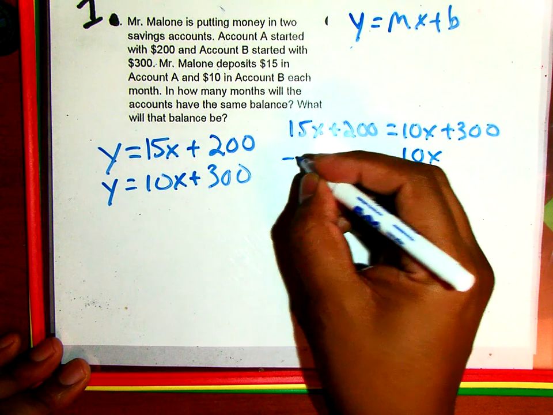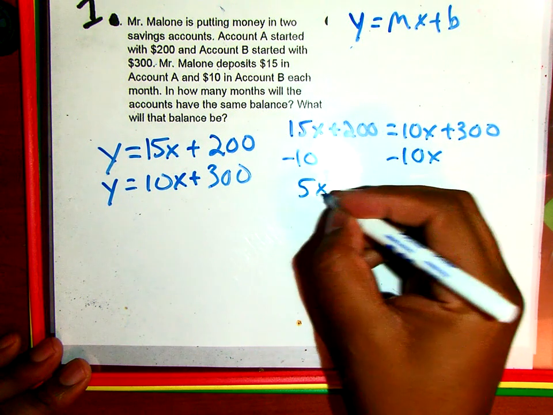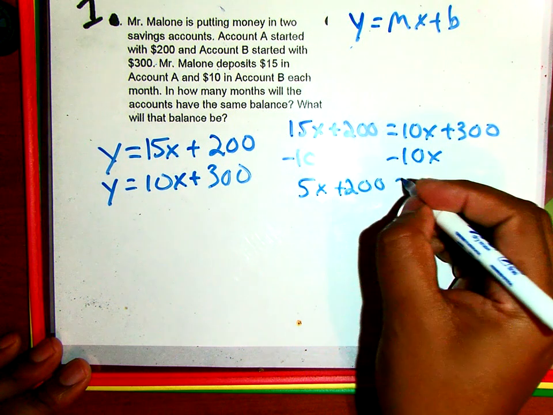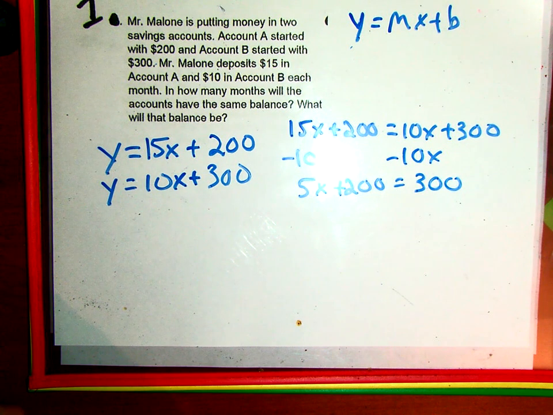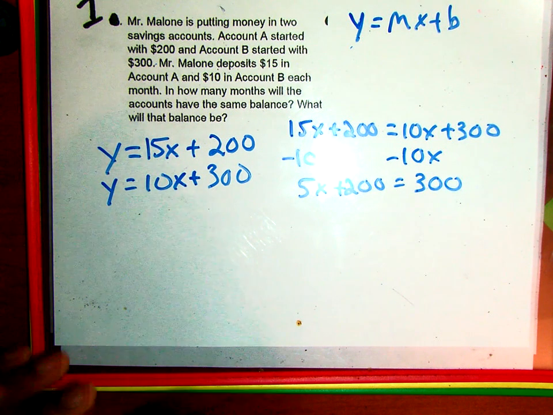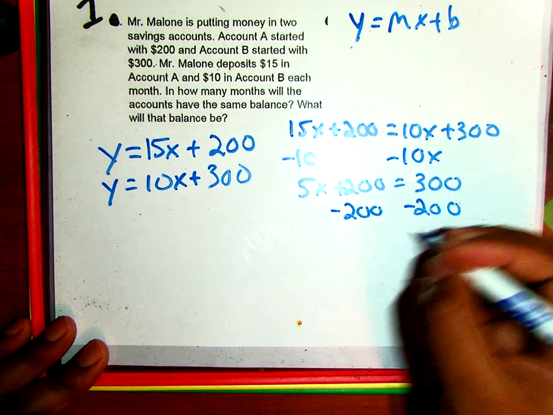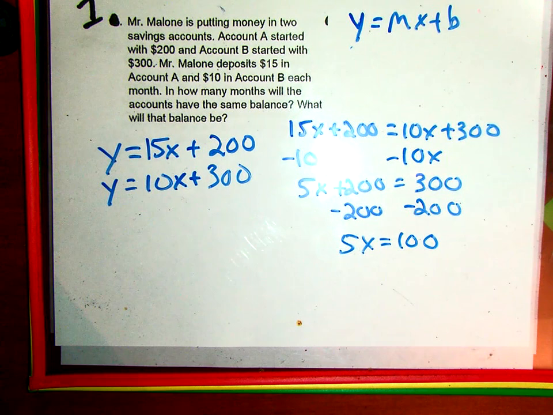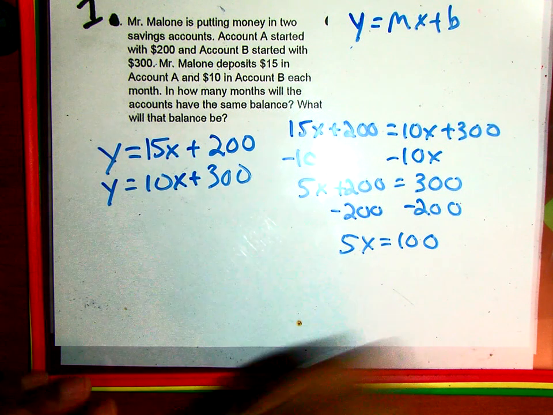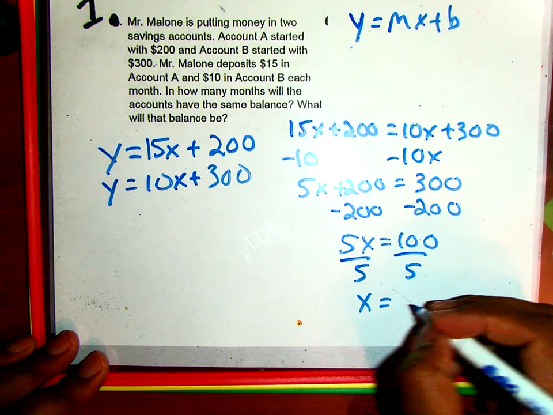Subtract 10x on both sides, and that leaves me with 5x plus 200 is equal to 300. Now subtract 200 on both sides, and that leaves me with 5x is equal to 100. And now divide by 5, and that means x is equal to 20.